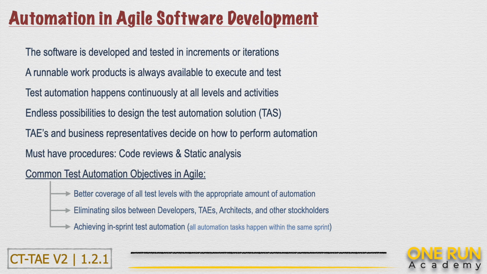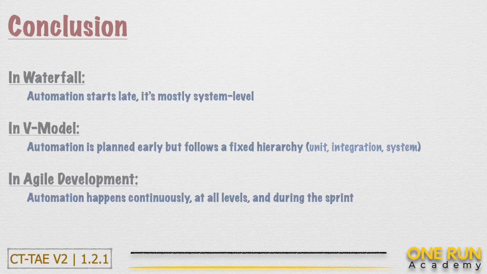All right, folks, we have officially survived the grand tour of test automation in different SDLC models. But before we wrap things up, we have to announce the Oscars for software development models, and the awards go to: Best Drama goes to Waterfall Model, where automation shows up late and barely makes it to the stage.